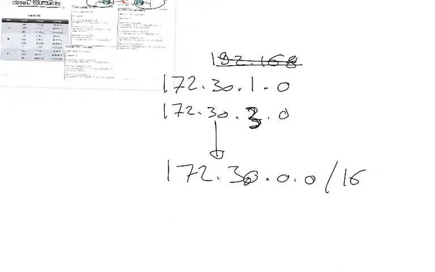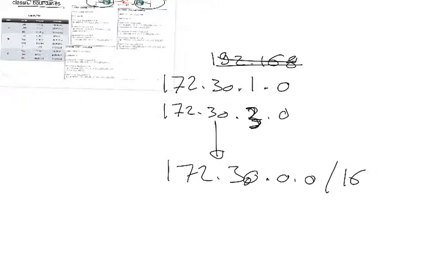If you have the flexibility to summarize these networks at classless boundaries, then you are not restricted to use /16. You can use any part which is common between those networks. So let's see.